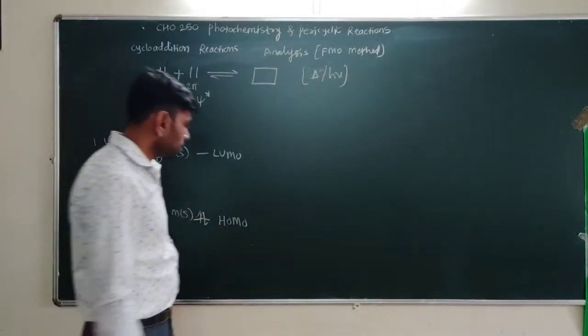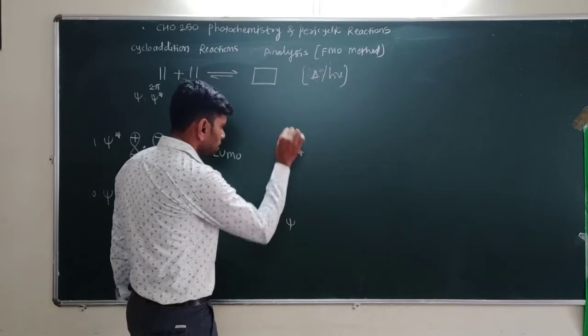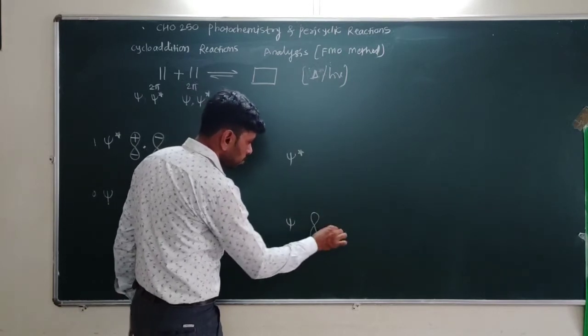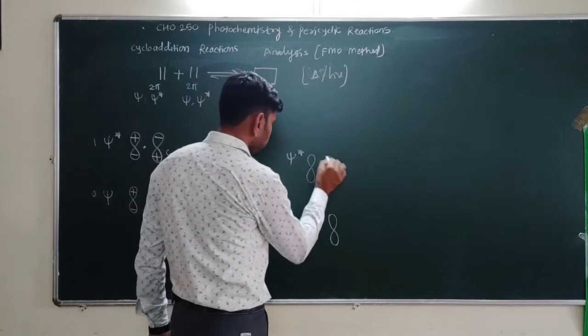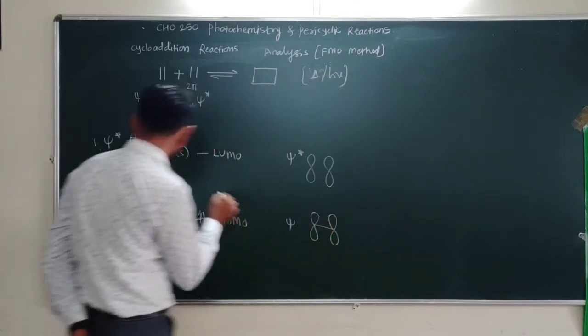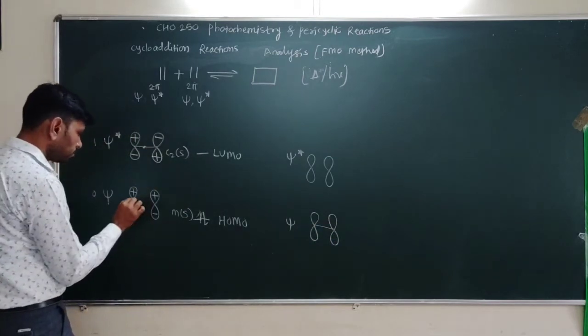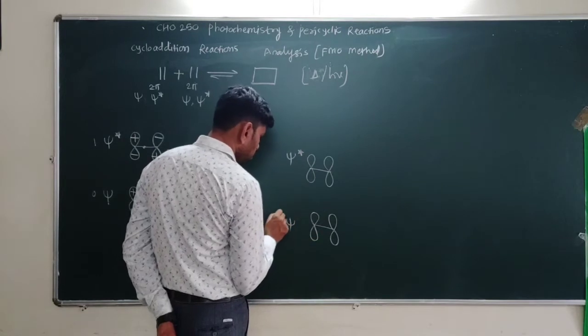Let's see the second. Here there are two orbitals, the same situation in the ground state. Two atomic orbitals, 0 node, 1 node.